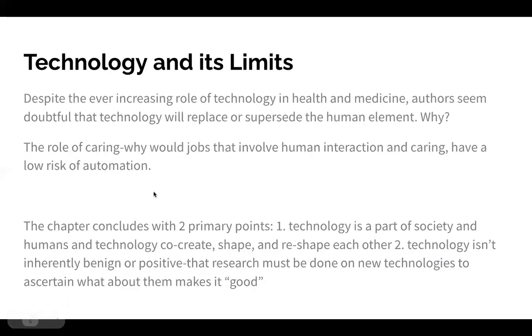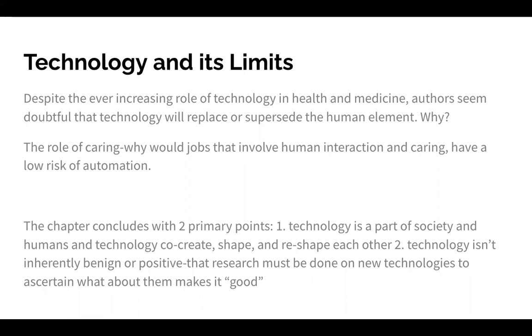And so the end of the chapter is basically just talking about the limits of technology. Even though the authors acknowledge that there is an increasing role of technology in health and medicine, they are pretty doubtful that technology will replace or supersede the human element, meaning they don't think we'll be going to robot doctors and getting our blood pressure checked by a robot nurse any time soon.